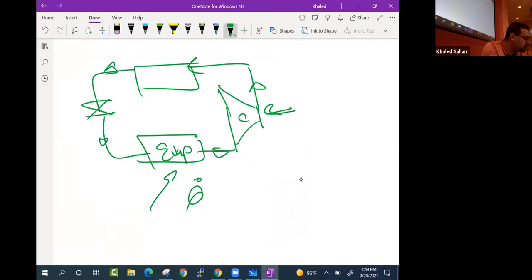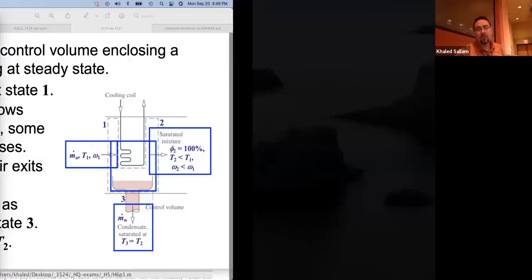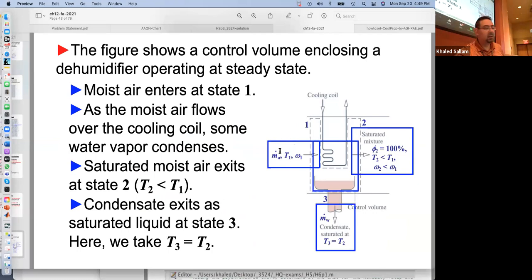That's the guy that's pulling Q dot L. So this guy is the one sitting in here. This is the cooling coil, the evaporator. So the air comes at T1 and then it leaves way colder. And when it leaves way colder like this, its W2 becomes less than W1.